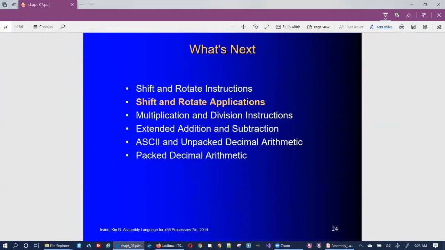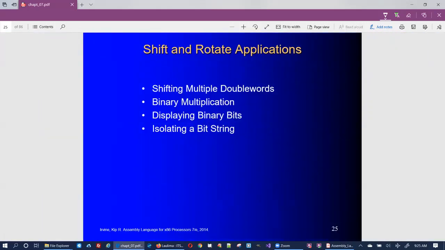Next, we're going to look at some applications, and we're going to go through these pretty quickly. There's shifting multiple double words, binary multiplication, displaying binary bits, and isolating a bit string.